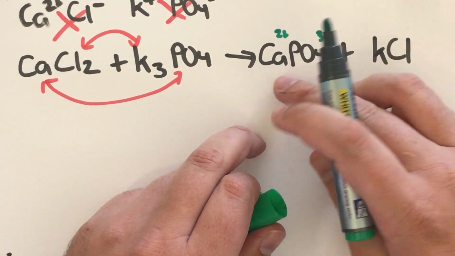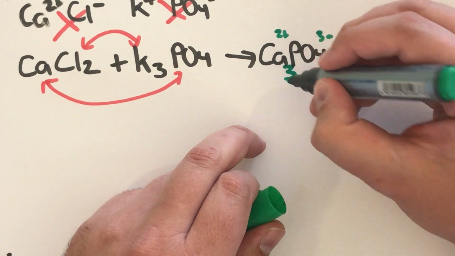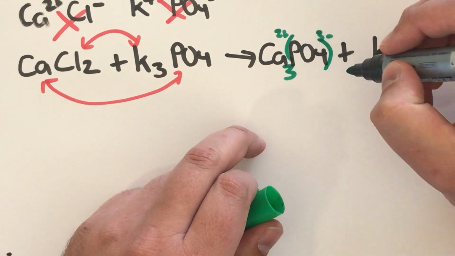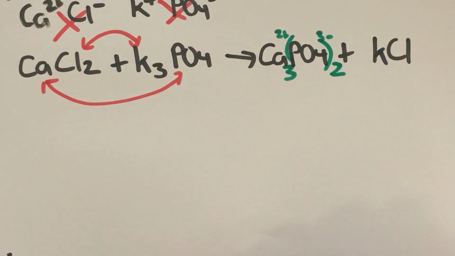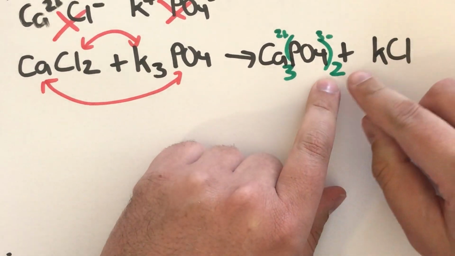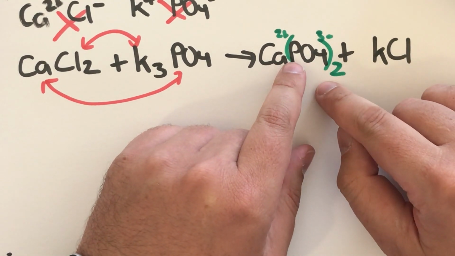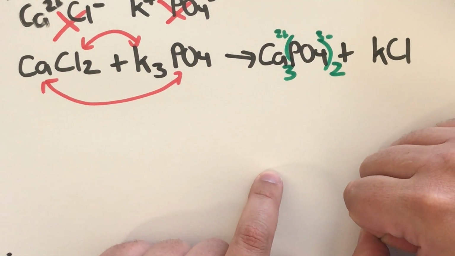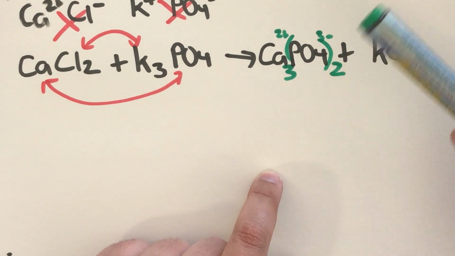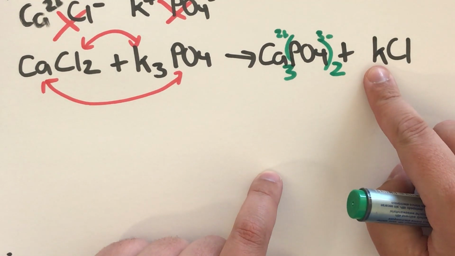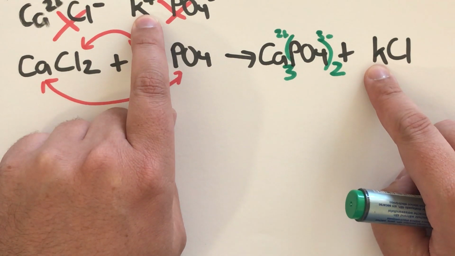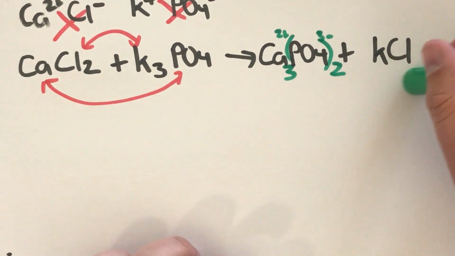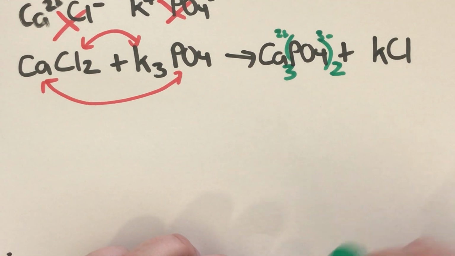So if we're going to swap and drop these, this 3 will come down here with calcium, and the phosphate, we treat the phosphate group as a whole, and we put the 2 outside those brackets. So that tells us that we need 2 of those PO4 groups to bond with our 3 calcium to be balanced. Now we know potassium +1, chloride is -1, +1, -1, they cancel each other out. So we know that that part there is balanced.